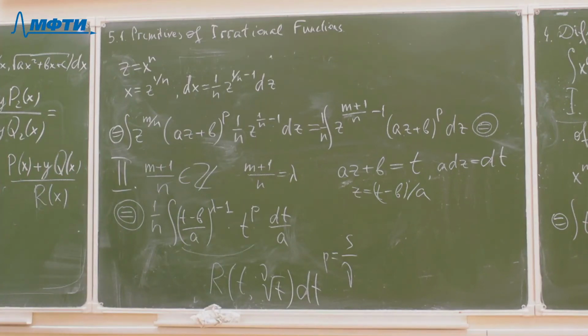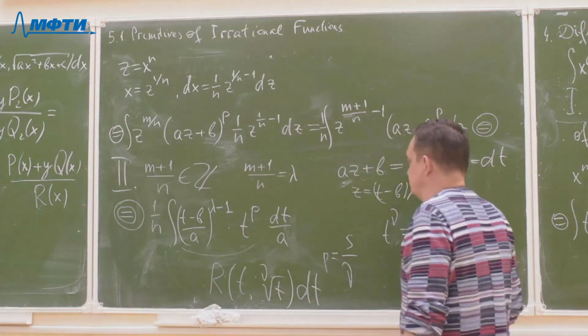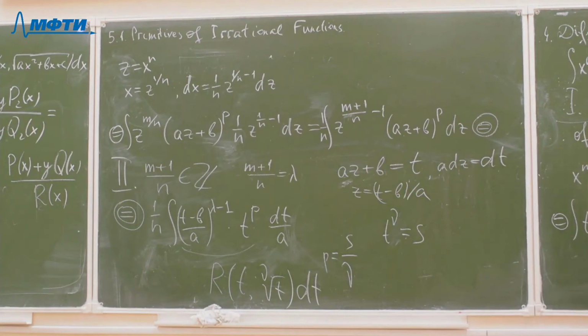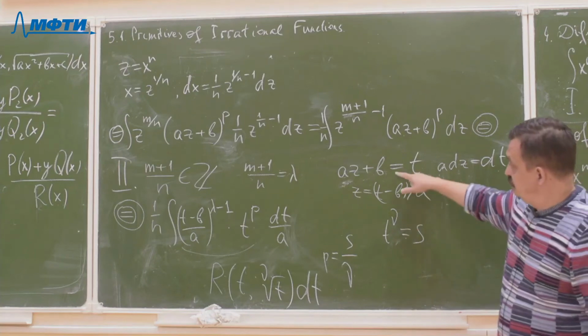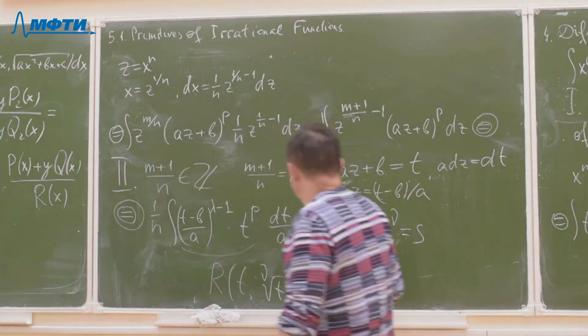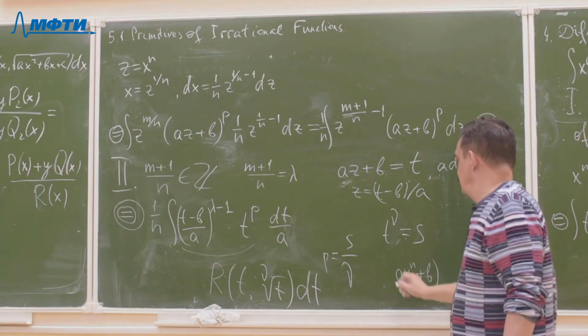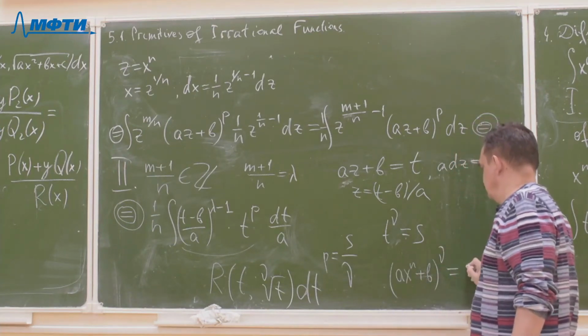Namely, we should represent t to the power nu equals a new variable s. Of course, now there are so many substitutions, right? Altogether, one, then another. Let me write what we have at the very end. Look, t was this one, z was x to the power n. So I can write all together (a x to the power n plus b) to the power nu equals s.